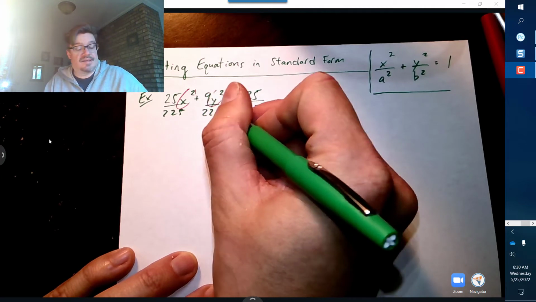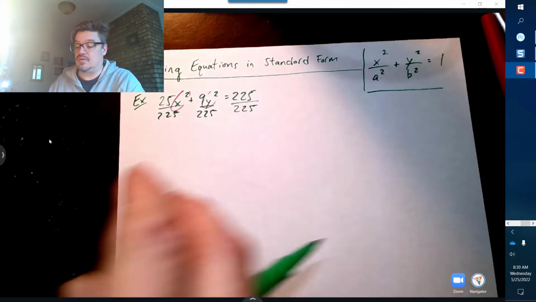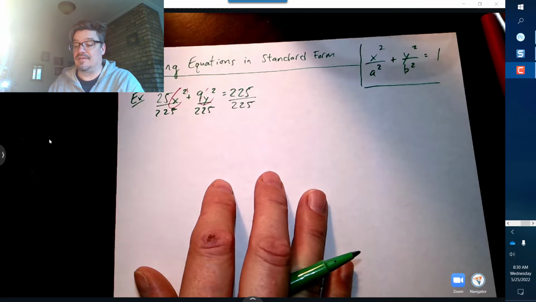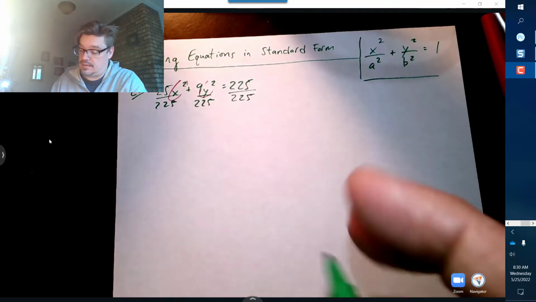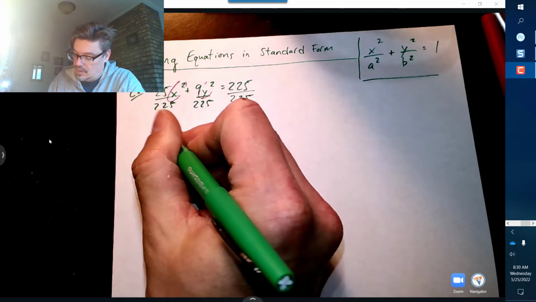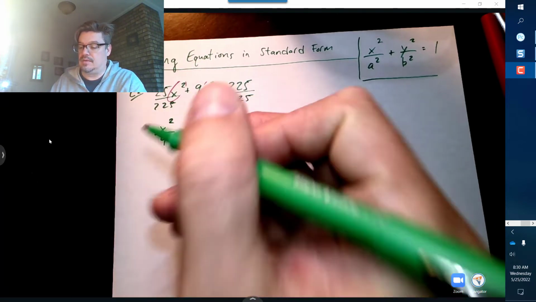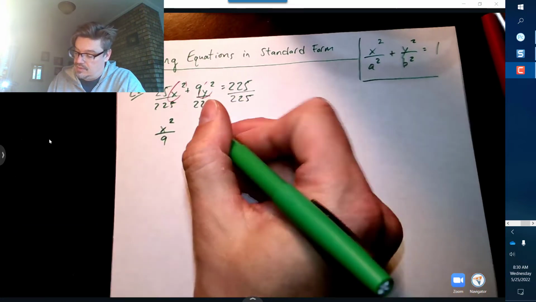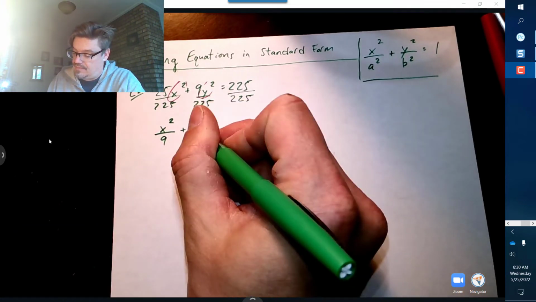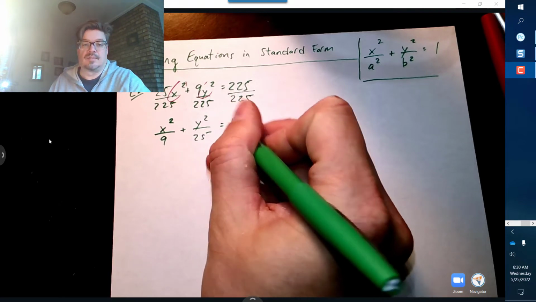Now what this does is you can take 25 divided by 225, and you'll see that it's actually 1/9. And then 225 divided by 9 is going to be 25. So what you've got is something that you can graph.